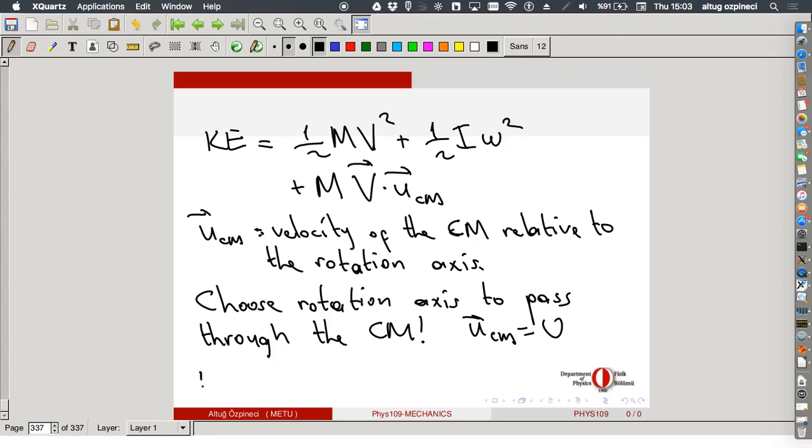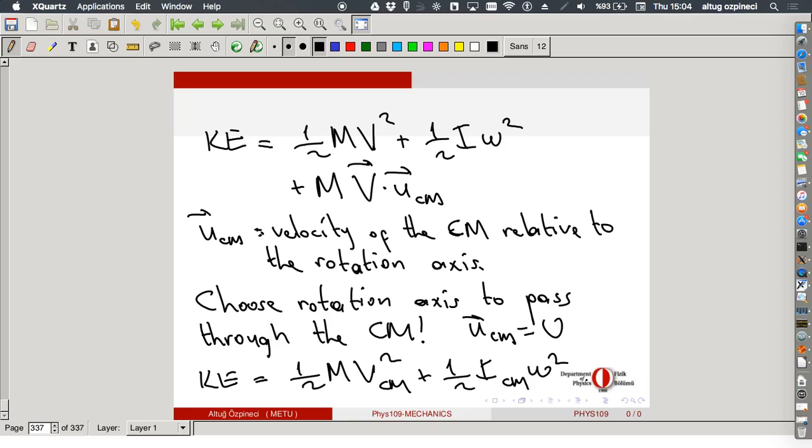So this is 0, and hence the kinetic energy you can always write as 1 over 2 m v center of mass squared plus 1 over 2 I center of mass times omega squared. Now again, if you look at this separation, this is the kinetic energy of the object as a whole. This is something that you can call the internal energy. This is another form of the internal energy. If your object is rotating, you can say that this is the internal energy of the system. It is not due to the overall motion of the system, but due to just rotations inside.